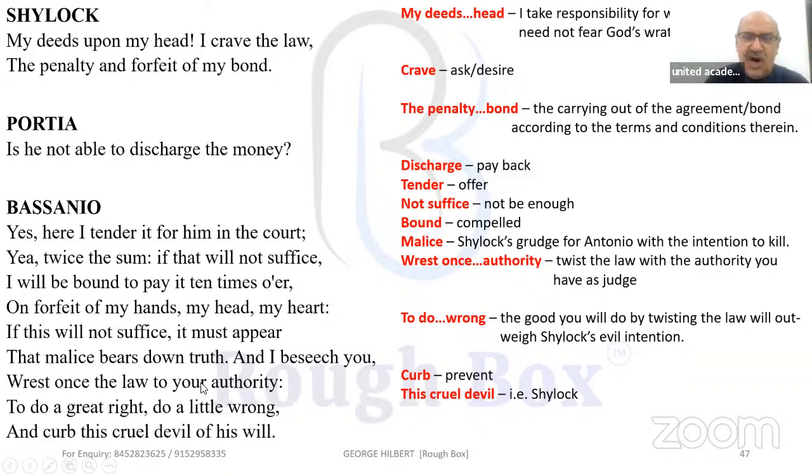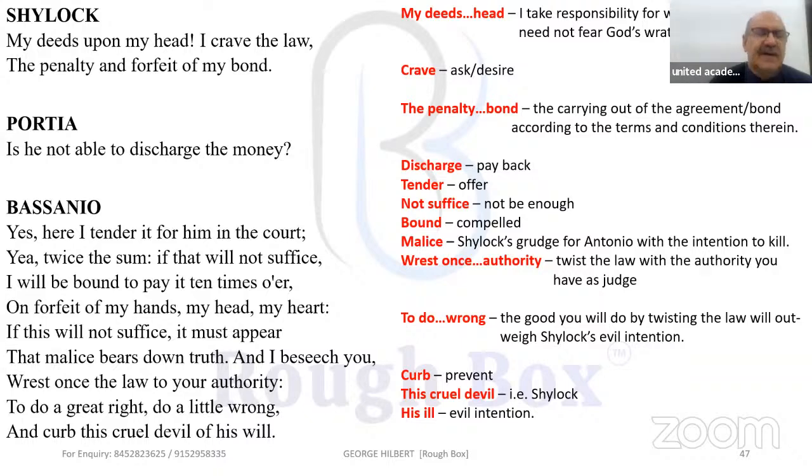Please twist the law a little in our favor. To do a great right, do a little wrong. In order to save my friend Antonio, twist the law a little so that my friend is saved. And curb this cruel devil of his will, and prevent Shylock of his evil intention.